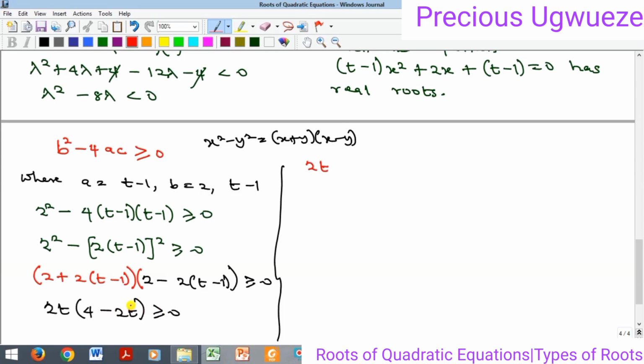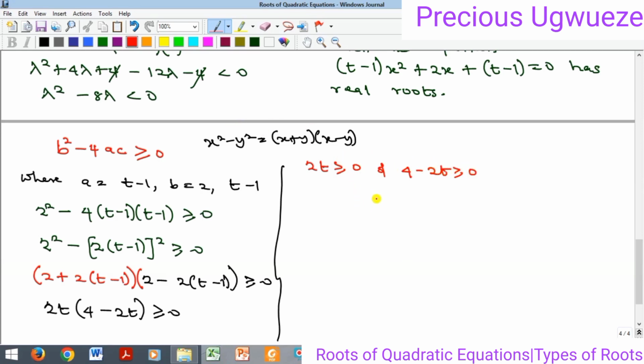If any of them is less than 0 and the other is greater, you are going to get a negative sign. So since we want a positive or equal to 0, that means our 2t must be greater or equal to 0, and 4 minus 2t must also be the same.